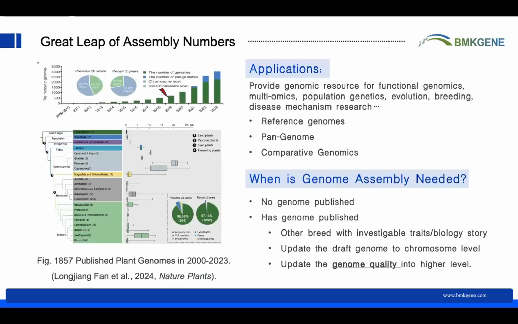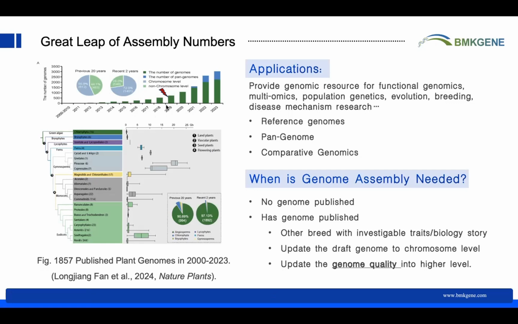Next, I would say that there has been a very great leap in assembly numbers over the previous decades. You can see this is an overview paper of the published plant genomes from 2000 to 2023. From 2000 to 2020 there was a gradual increase in the assembled genome numbers, and after 2019 there was a very big increase.